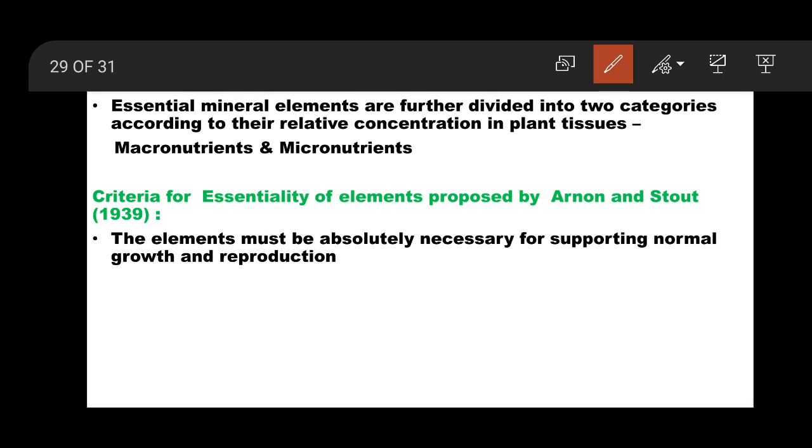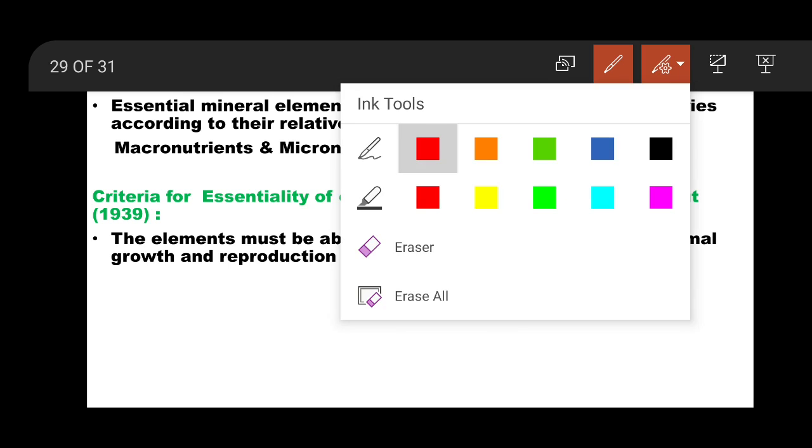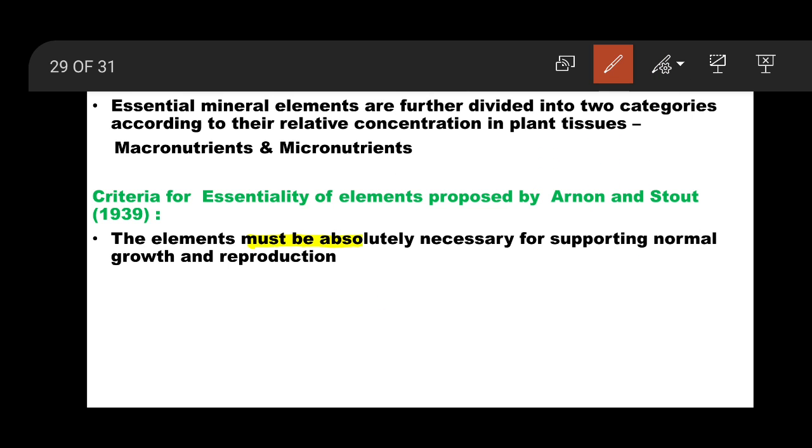First one is the elements must be absolutely necessary for supporting normal growth and reproduction. प्लांट का नॉर्मल ग्रोथ एंड रिप्रोडक्शन करने के लिए ये एलिमेंट्स सपोर्टिव होने चाहिए, लगने चाहिए, नेसेसरी होने चाहिए। So the elements must be absolutely necessary for supporting normal growth and reproduction.